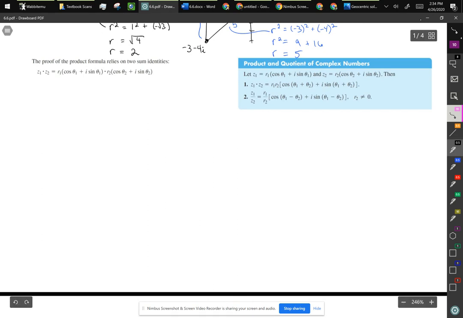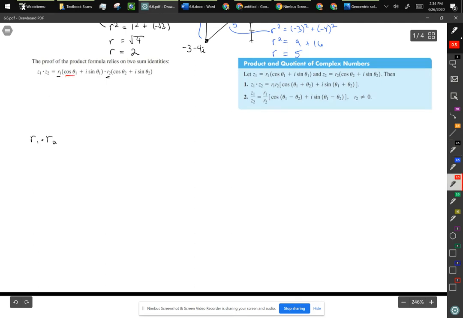So let's prove this. If I take Z1 and Z2 and I multiply them, the first thing we're going to do is multiply the radii. Multiply that and that, right? So I can just say it's R1 times R2. But then we have some distributive property.